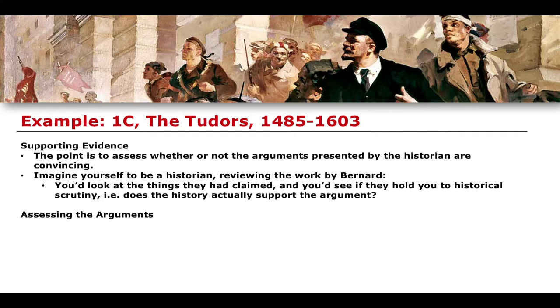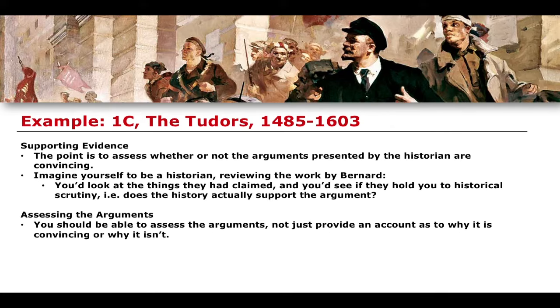Now, the word assessing is very important, because when you assess an argument, you're not necessarily just saying the argument is good or bad, or convincing or unconvincing. That's not the point, okay? You can be a little bit more nuanced about it. I feel like a lot of students often get trapped into feeling they have to regard the argument as convincing or unconvincing, and therefore they get really stuck because they don't know how to argue against the claim made by the historian.